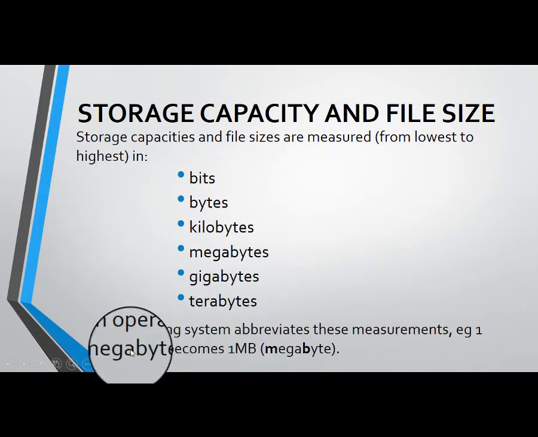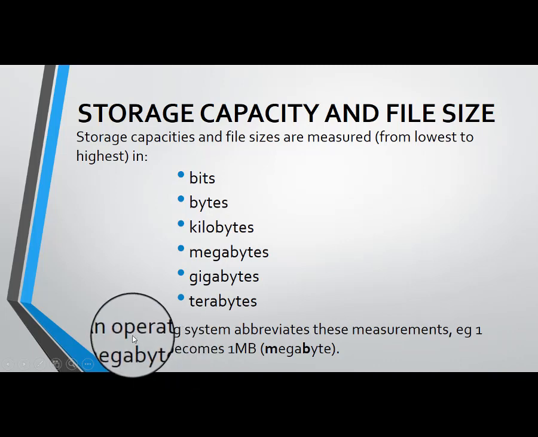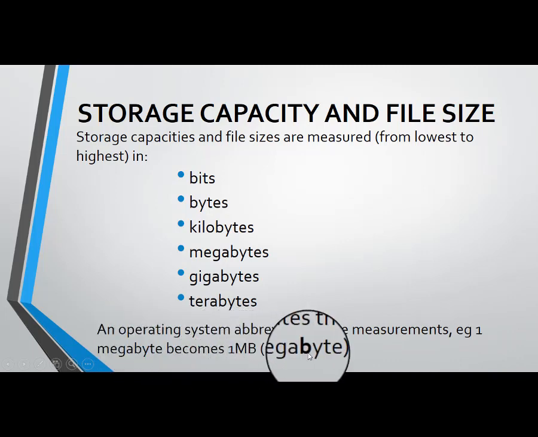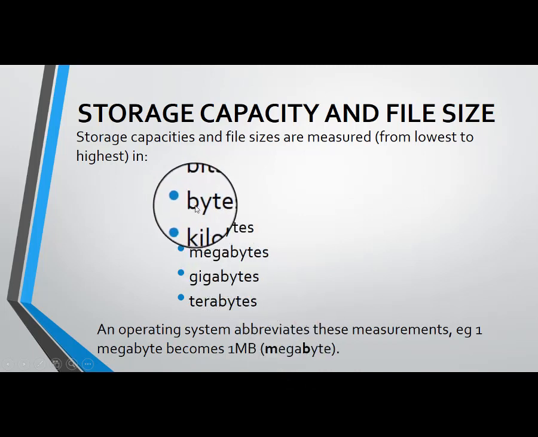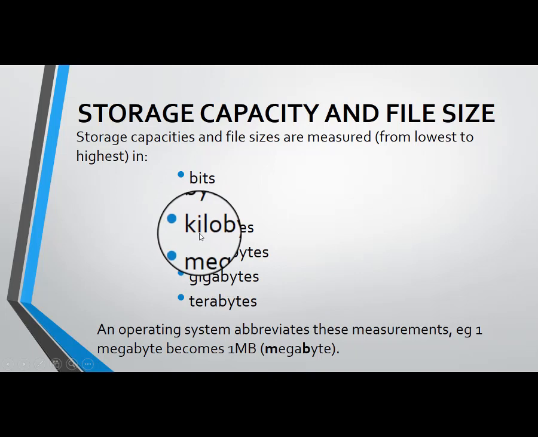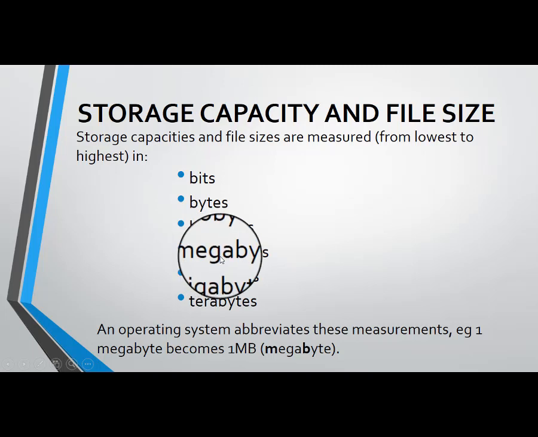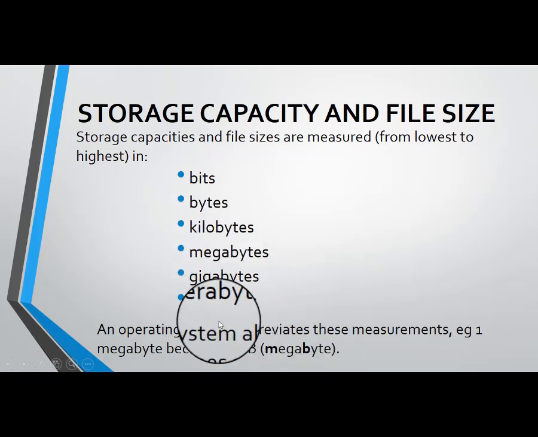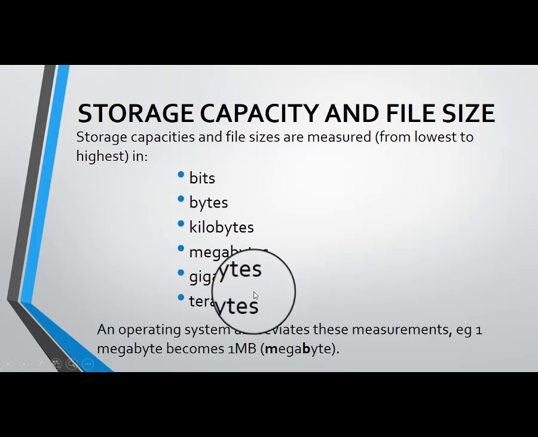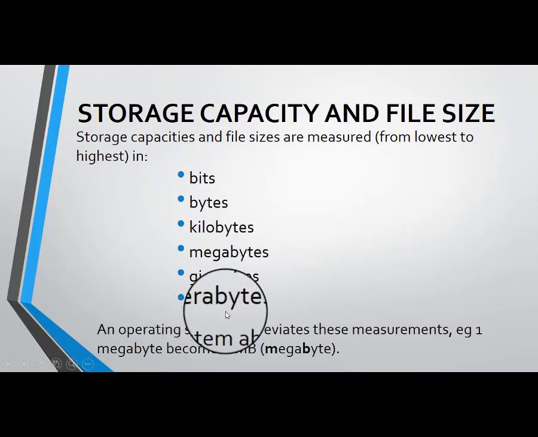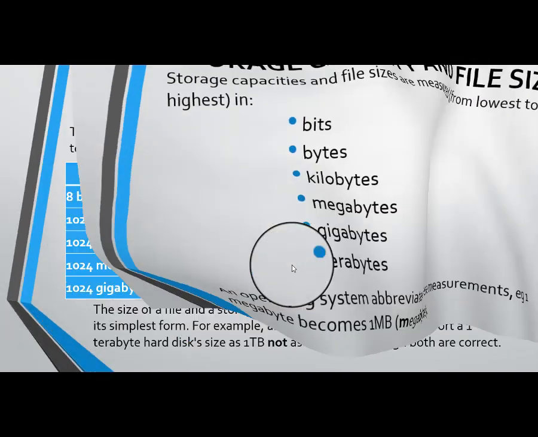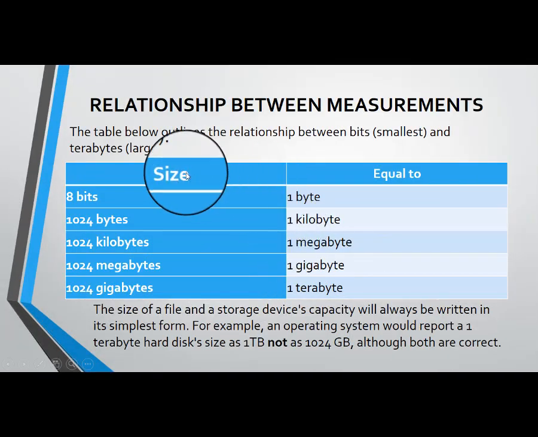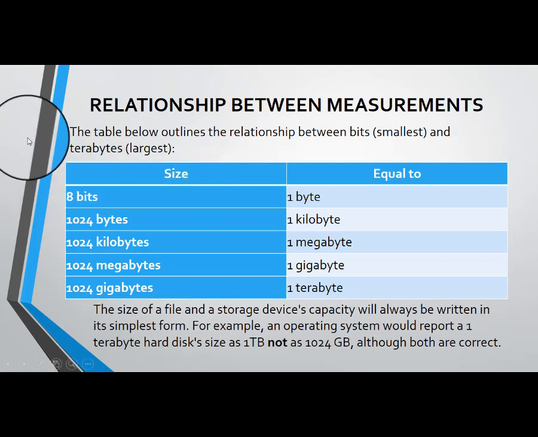So instead of writing 1 megabyte in full, the operating system abbreviates it to MB. The byte is just a byte. Kilobytes are abbreviated as KB. Megabytes, MB, just like you've seen here. Gigabytes, GB. Terabytes, TB. So don't be surprised when you see the abbreviations in your system. You should know that an operating system abbreviates these items.